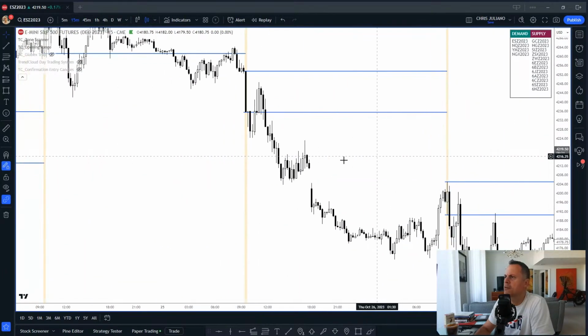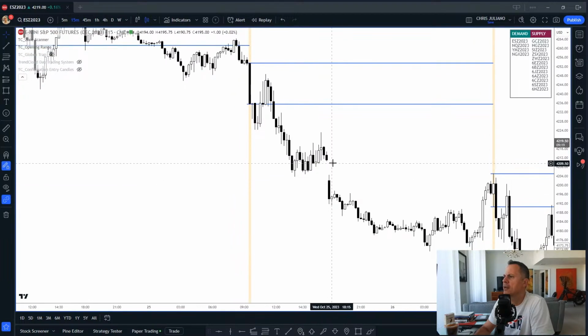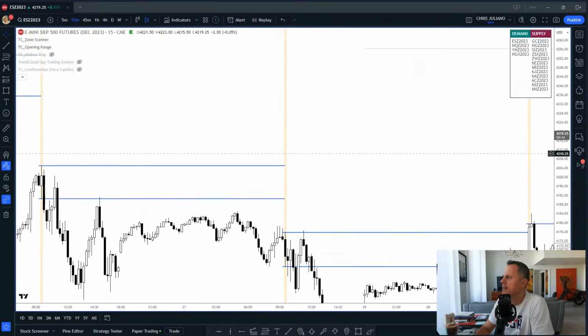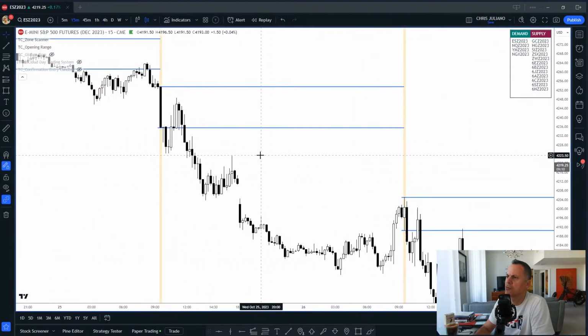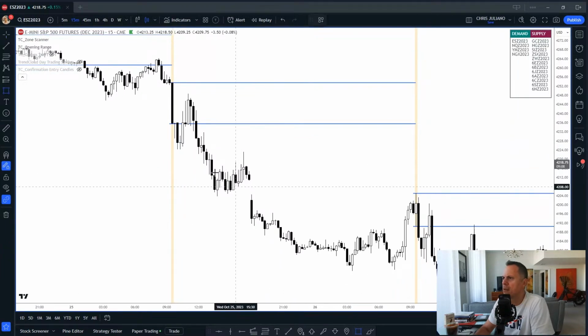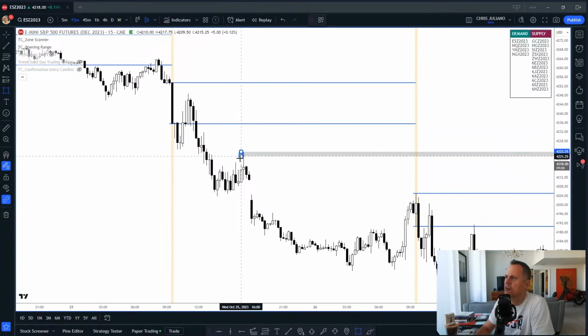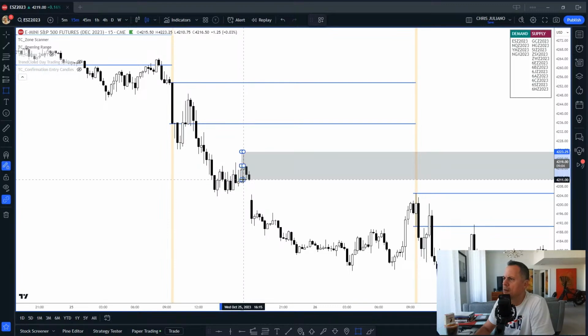And let's take a look at this 15-minute chart here, guys. We've got this gap fill. I think that took place already. We hit that gap fill, broke through that. This right here is looking very significant, and I think that's what we just kind of broke through.